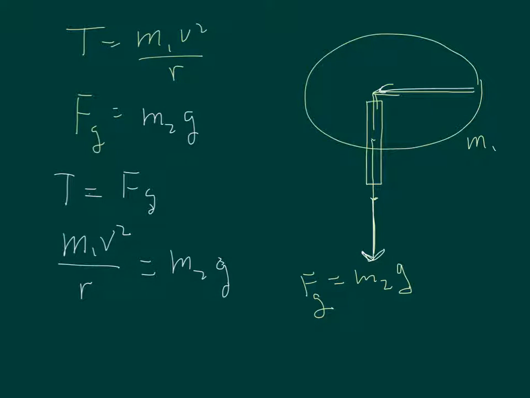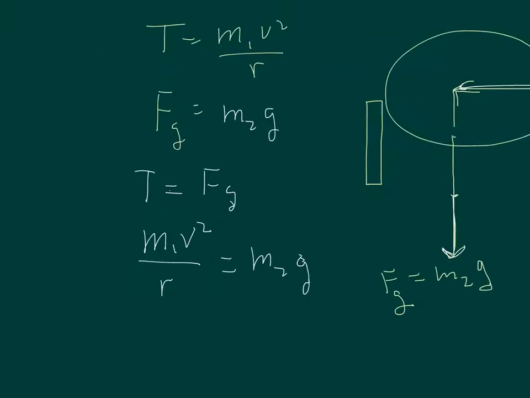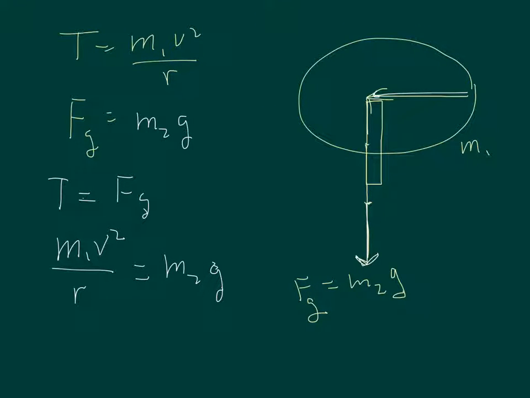G is, of course, the gravitational constant, 9.8 meters per second squared. M2 we measure in the lab. M1 we measure on the balance in the lab. V squared and R we calculate by taking a meter stick and measuring the length of the string we have at the top here. And we measure the velocity by what we just spoke about, where we take 2 pi r, the number of turns, divided by the actual time that took.